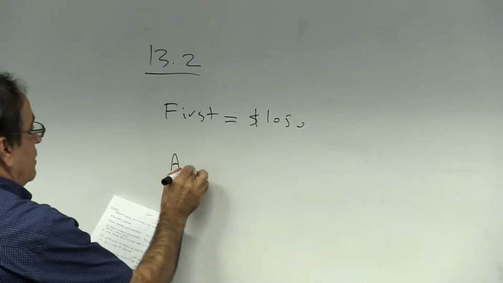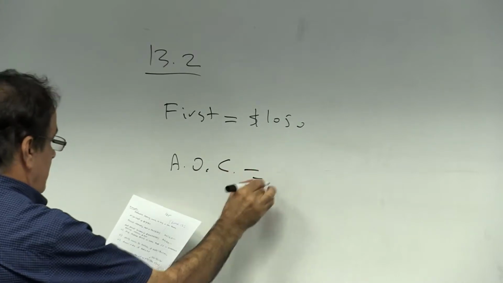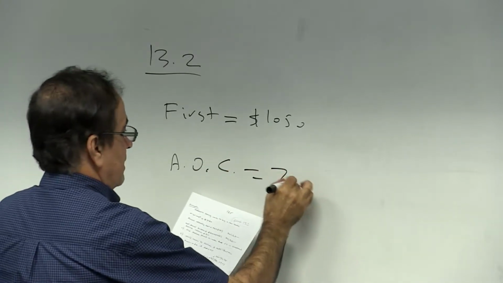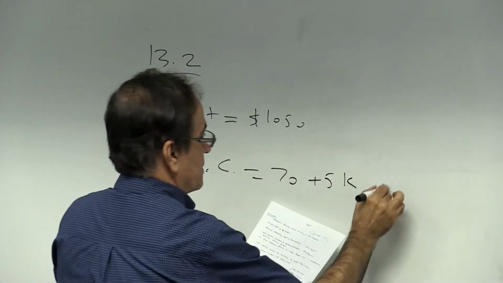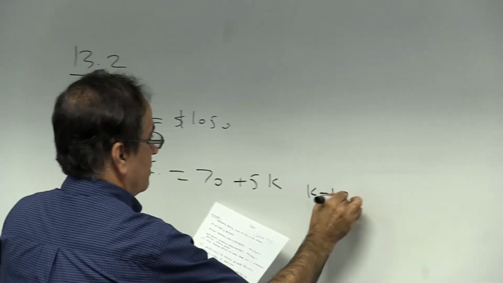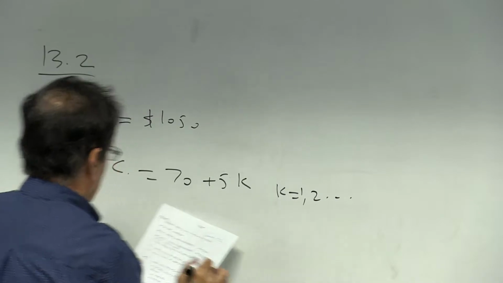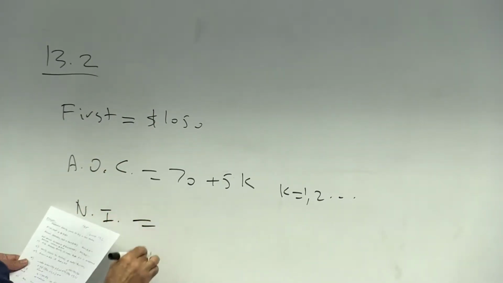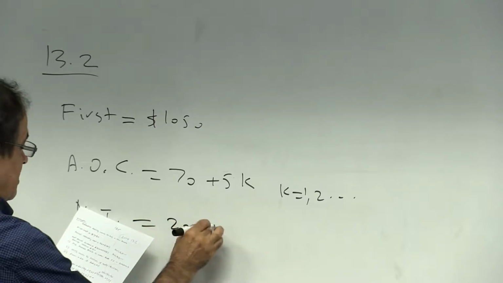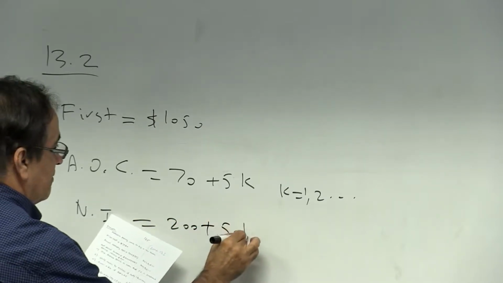The annual operating cost is $70 plus 5K. K in this case is equal to 1, 2, and net income is 200 plus 50K.